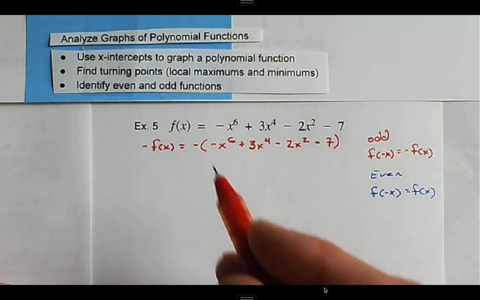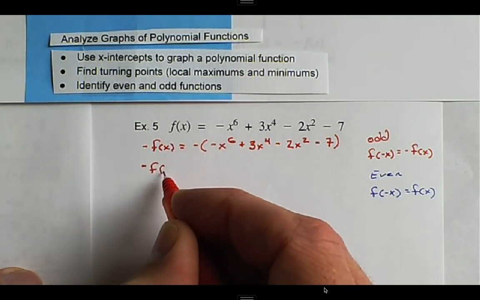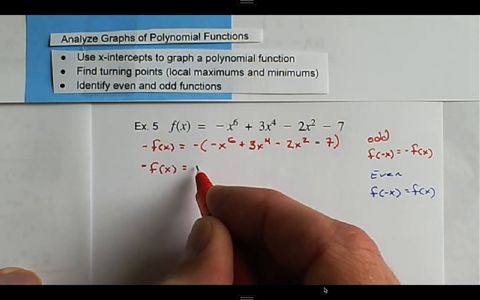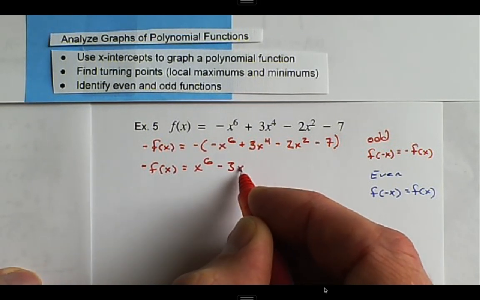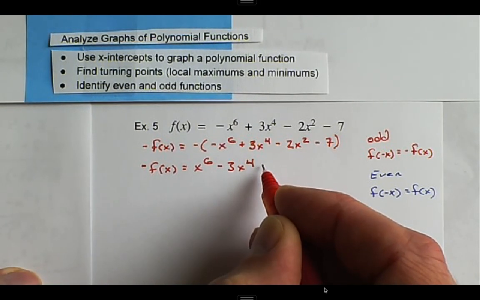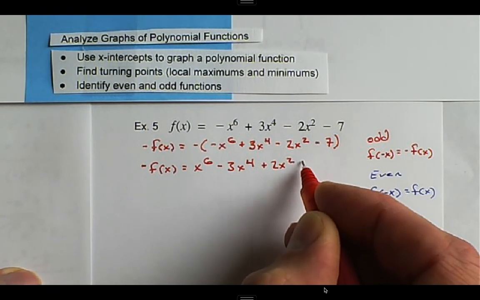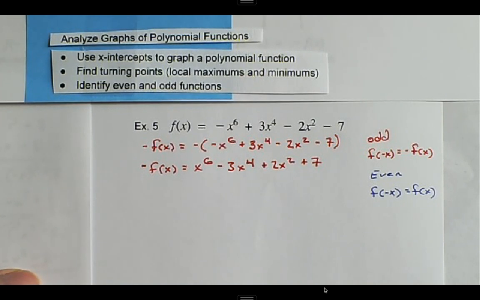When we distribute the negative to all the terms, we get negative f of x is equal to a positive x to the 6th minus 3x to the 4th plus 2x squared plus 7. So that is the negated function.